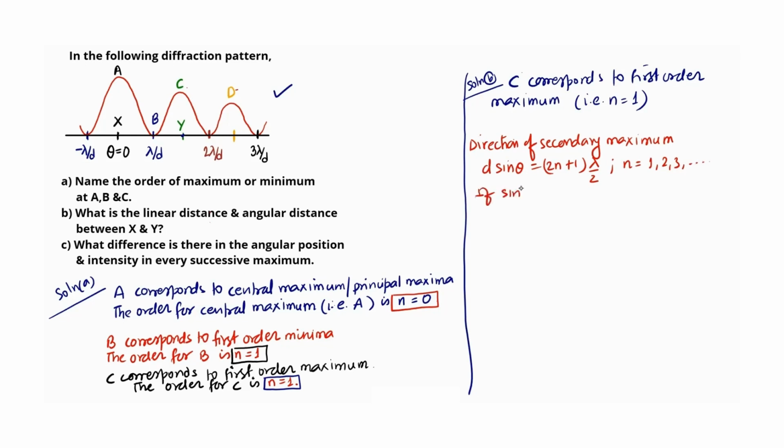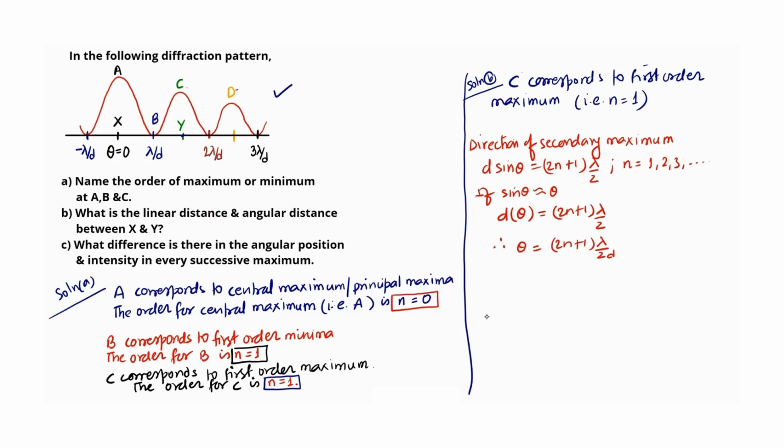Now, if sine theta is approximately equal to theta, then we can write d times theta equals 2n plus 1 lambda by 2. Therefore, theta equals 2n plus 1 lambda by 2d.